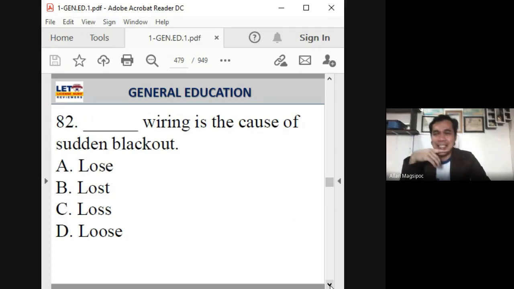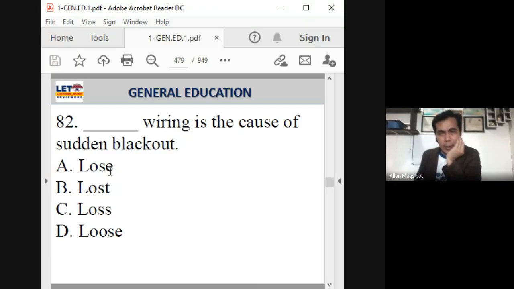Okay, sige. So look at the answers. Nag-change ng answer. Blank wiring is the cause of sudden blackout.